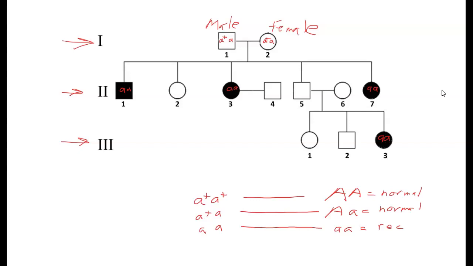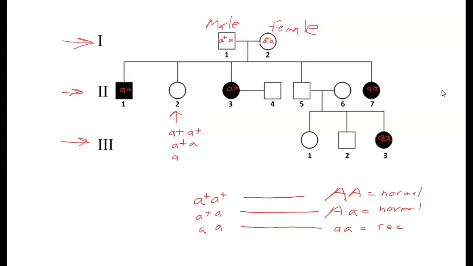Now, this child right here, we don't actually know the exact genotype of this person. That girl right there. The reason is that the genotype that person could have gotten could be that from dad and that from mom, which of course is possible. It could be this from dad and that from mom, which still looks the same.